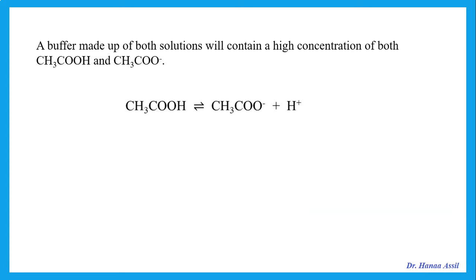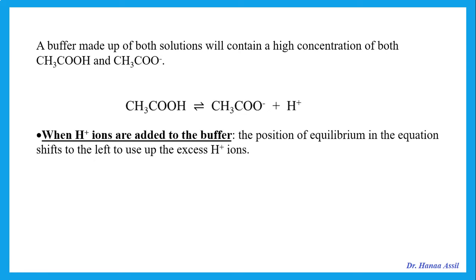Now the buffer is made up of a solution that has high concentration of the acid and the conjugate base. So if we have both of them in solution, now when we add a small amount of H+ ions to the solution, that's a product in this reaction.